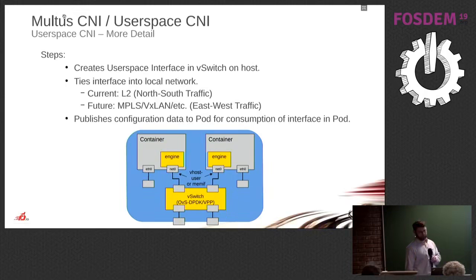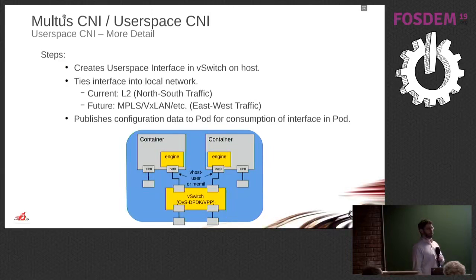Then the OVS DPDK does not have any Go API, so they're using some Go calls into their OVS CLI. But this allows you to create either a vhost user for the OVS or a MIF for VPP on the local vhost.